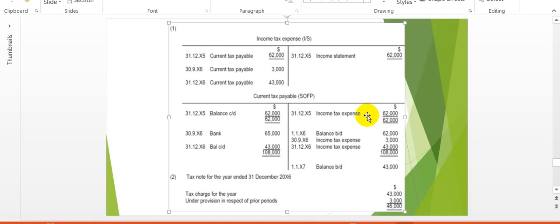Then in the following year, we make a payment. The payable, we reduce it by the payment, so we pay $65,000.